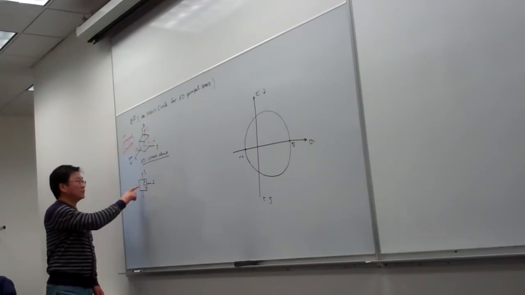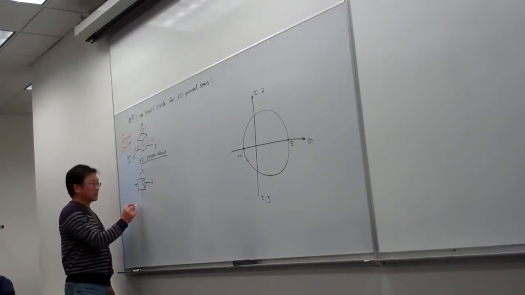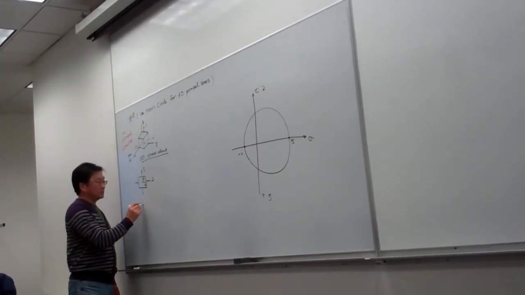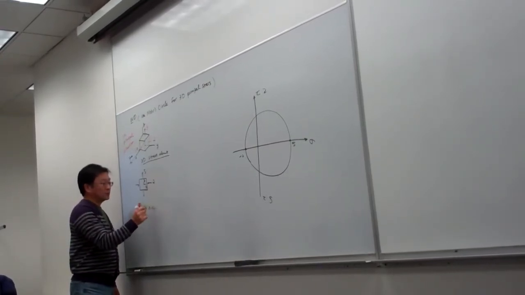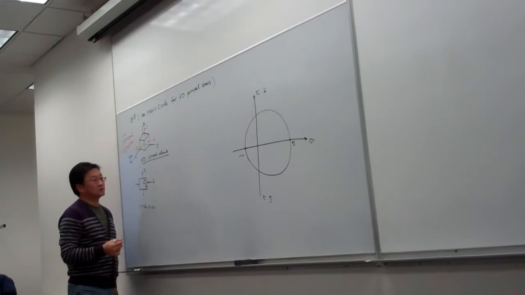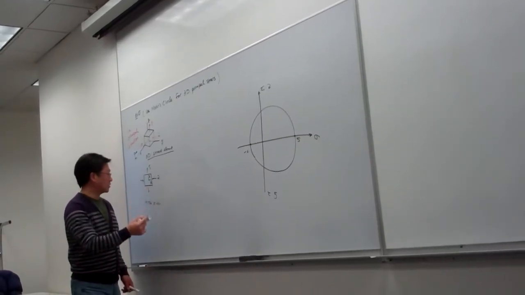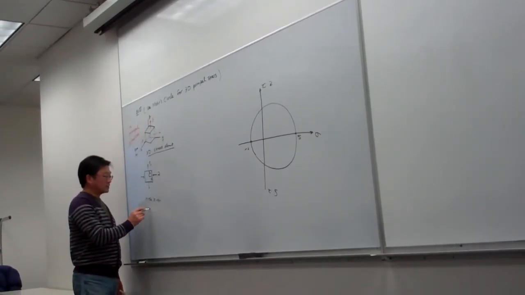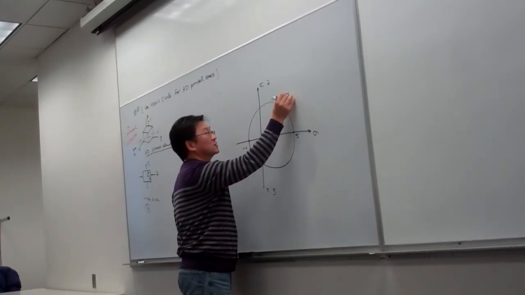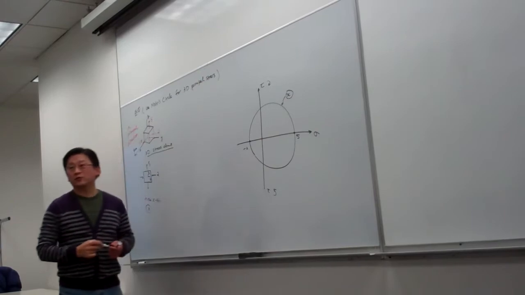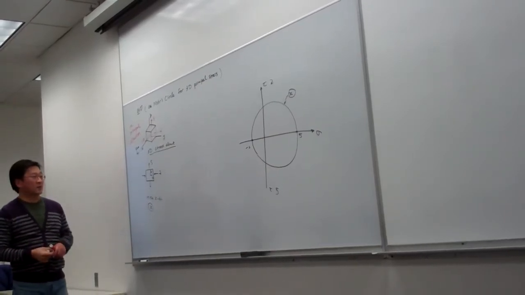This Mohr circle is for looking into the x direction. Let me call this x. So let me label it: this is the circle corresponding to looking in the x direction.